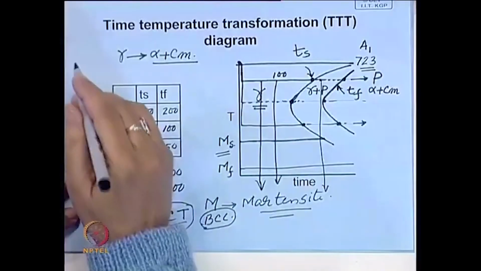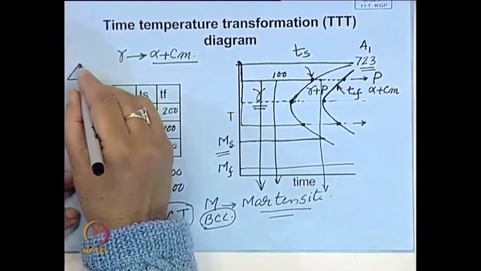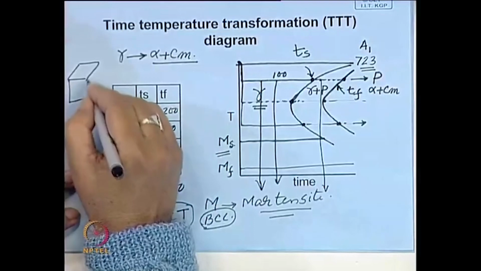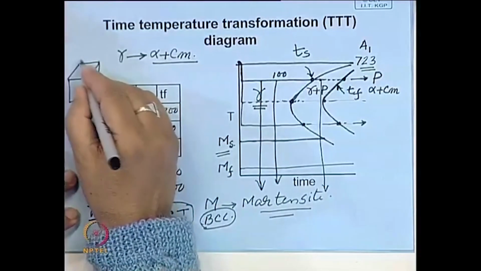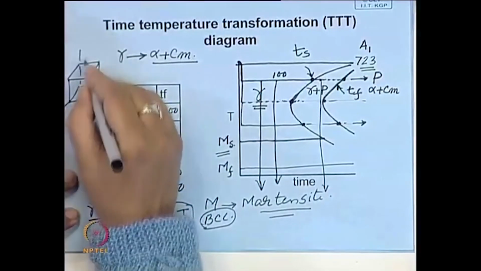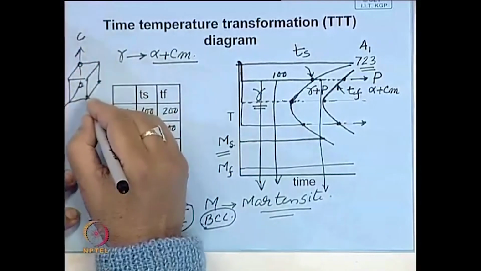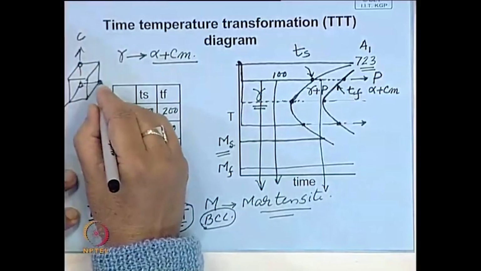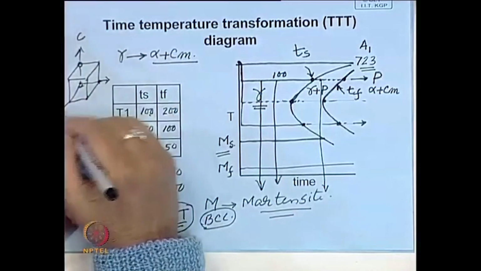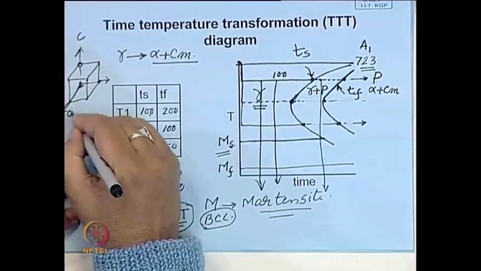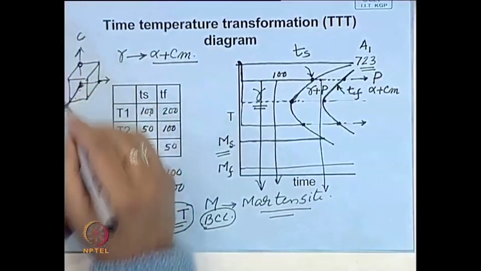In a BCC lattice, A and C are equal. In a BCC, the atomic distance along the C direction and the atomic distance along the A direction are the same.